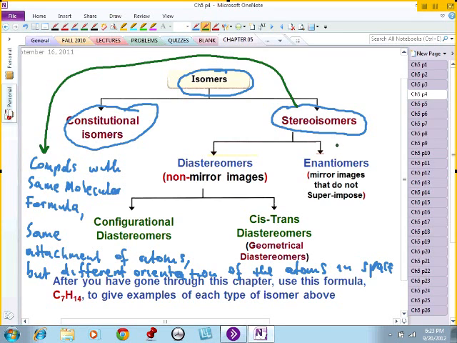Now, under stereoisomers, you also have another series of isomers. We have what we call diastereomers. We'll define those later. We have enantiomers.